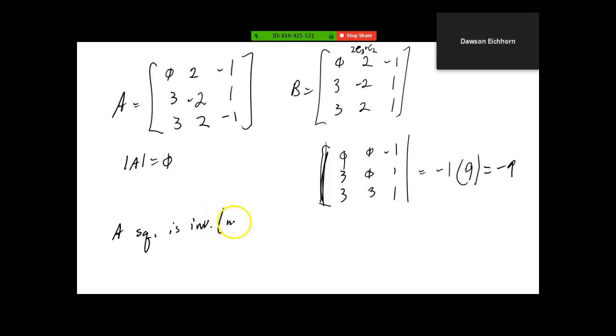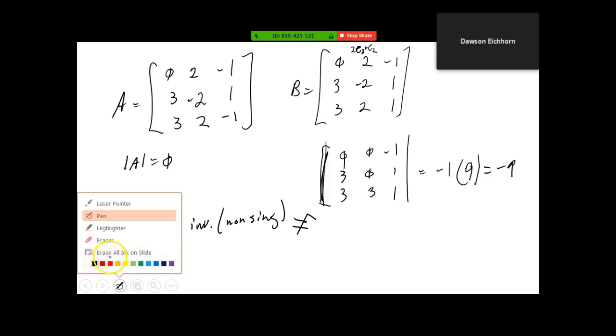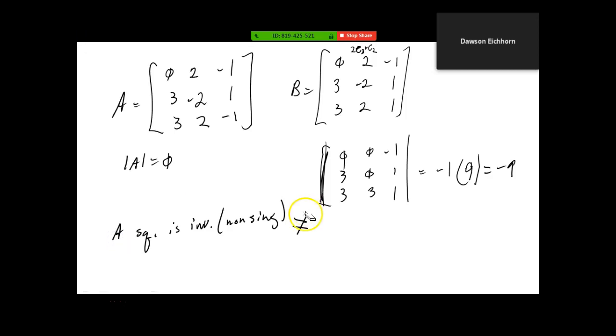Another word for that is non-singular. If and only if, goodness gracious, that's not at all what I wrote. Let me clean that up.